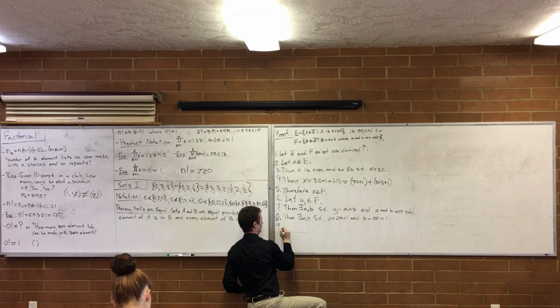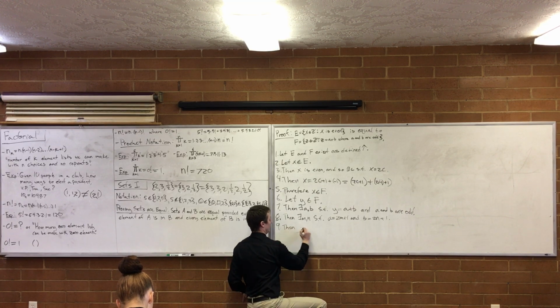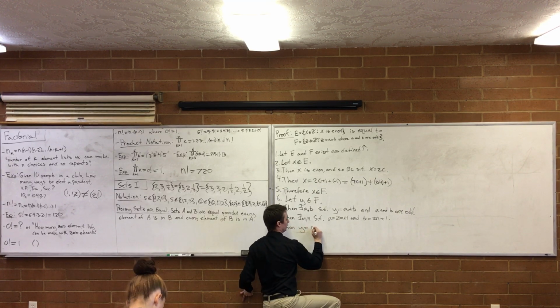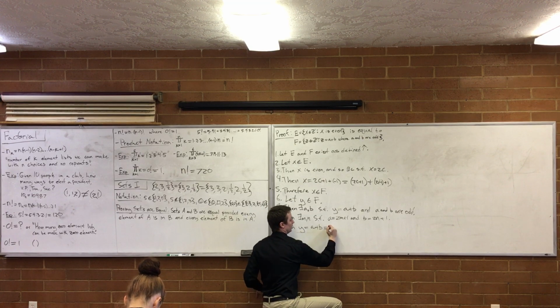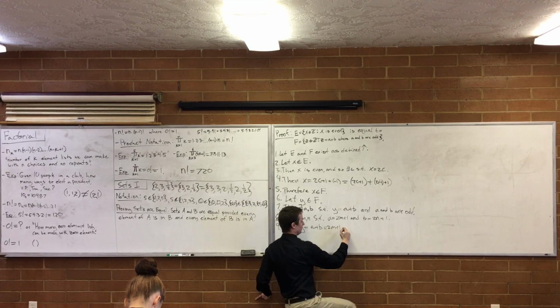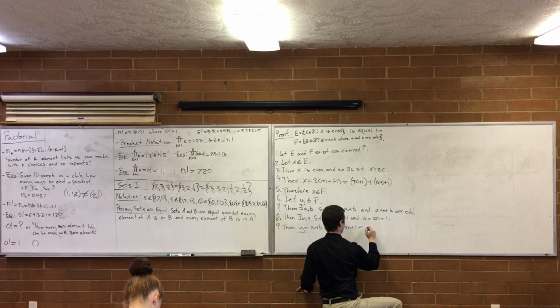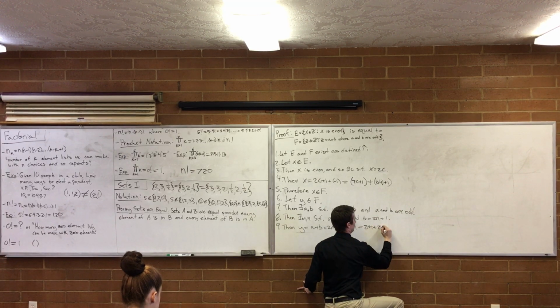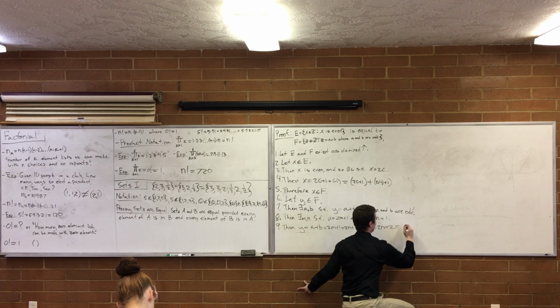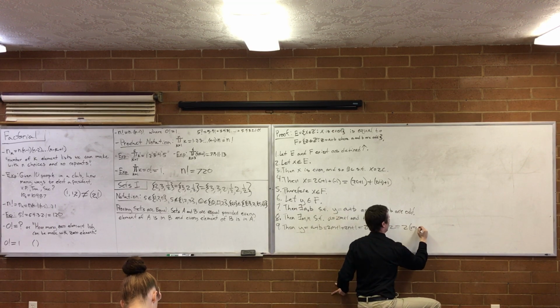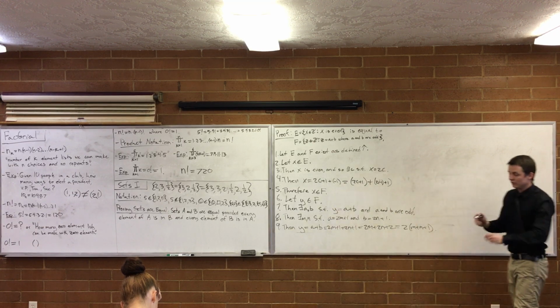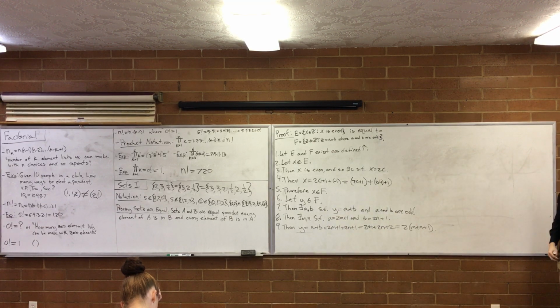Then add them all together. Then y, which is equal to a plus b, is equal to 2m plus 1 plus 2n plus 1, which is equal to 2m plus 2n plus 2, which is equal to 2 times (m plus n plus 1).